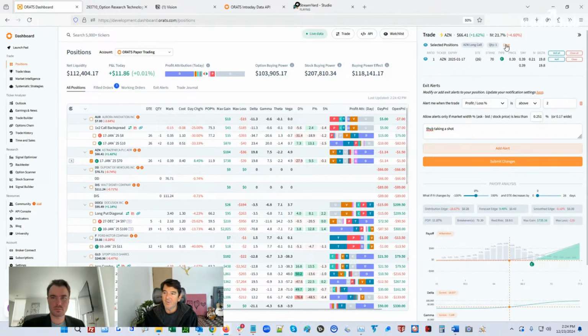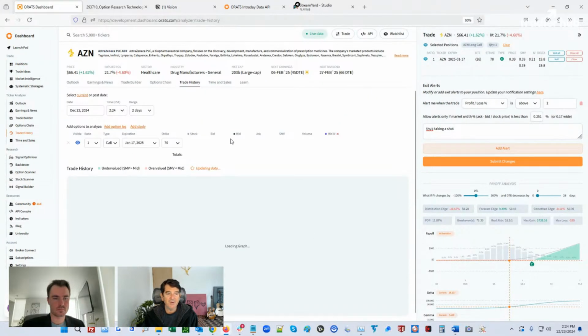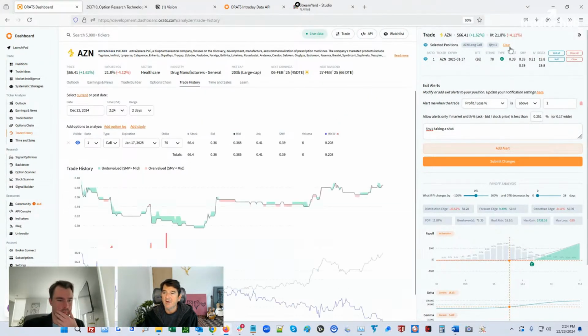Another thing that we will be able to do on this is look at the trade history. So as this trade progresses, you could go in. You could either have it in the trade analysis tab here and see where it's been, or you could go from your positions and watch the trade, how it progresses. So this is a really neat tool.